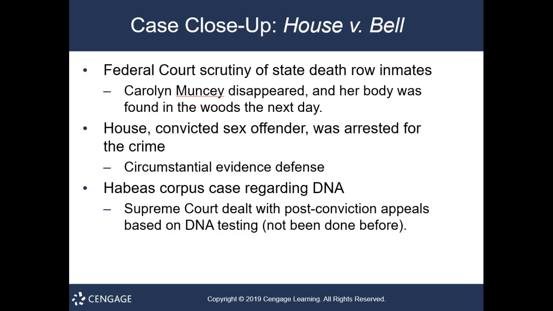As you might imagine, after he was convicted and placed on death row, DNA evidence came in that showed that he was not the perpetrator of the act, at least unlikely, because the DNA on the scene in or around the body was from somebody else. And that was pretty good evidence he didn't do the crime.